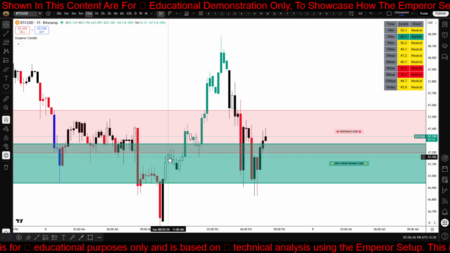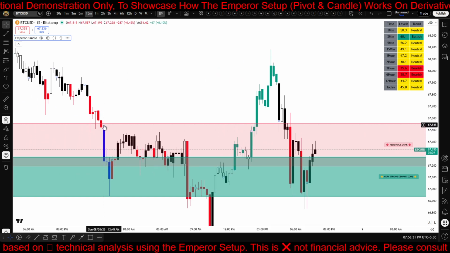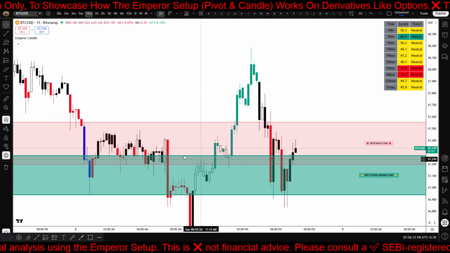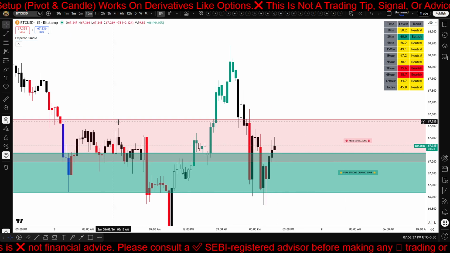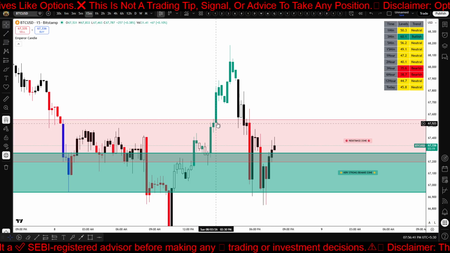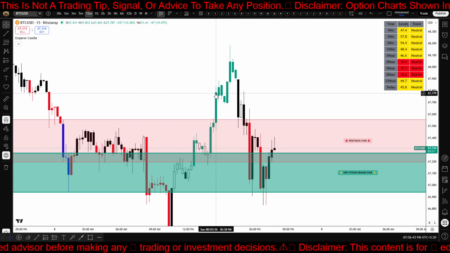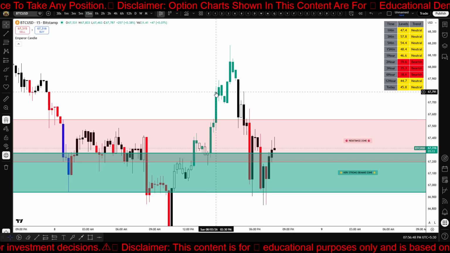zone. But as you can see, the first blue candle is still marked as a resistance zone because the price has not closed again above this high line. It was marked as a demand zone previously when the price closed above this high line.